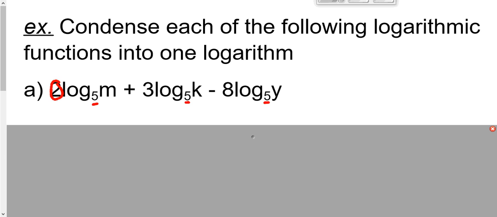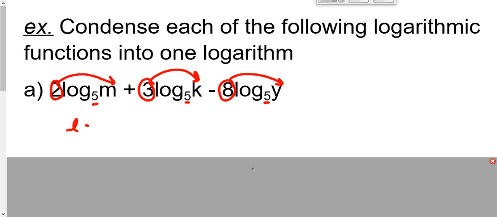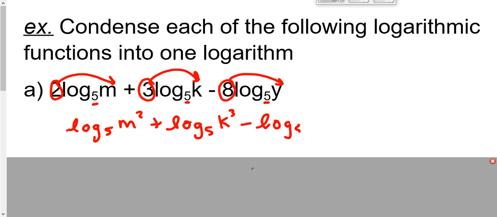So we're going to move these exponents, that would be where we start with this. We cannot do the adding and subtracting until we've combined those. So we have log base 5 of m squared plus log base 5 of k cubed minus log base 5 of y to the 8th.